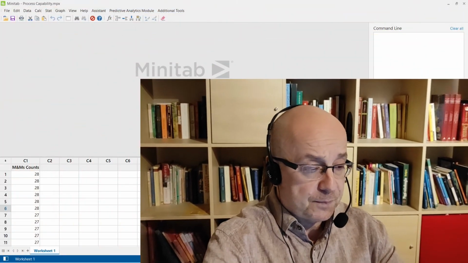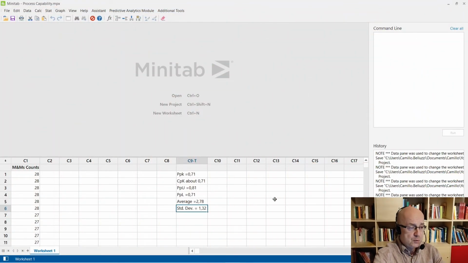That's why a 2.5% scrap rate is a huge number. But let's see how to obtain this number. So let's go make the process capability calculation in Minitab.